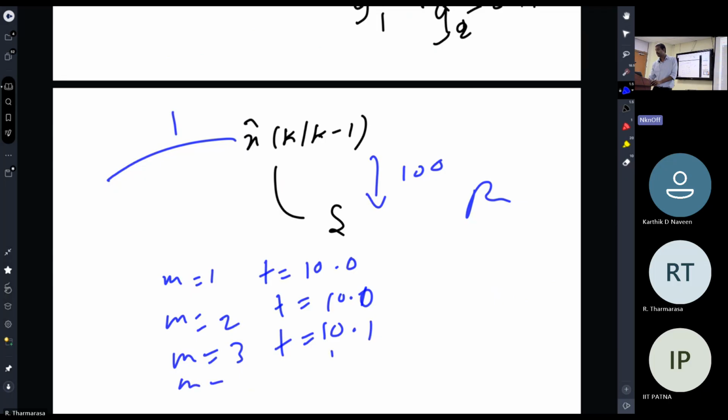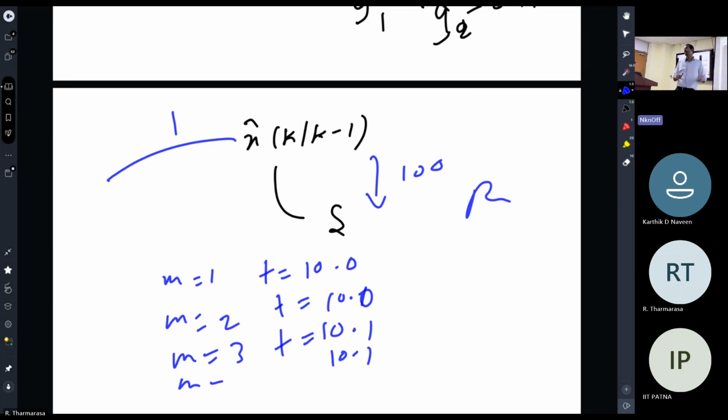M4 is at the same time 10.1 and so on. Right? It can happen. But what I'm saying is that even this has to be done 100 times. For each measurement you predict the state, then find S and Q. So because of that, overall the computation is high. Okay, keep that in mind.